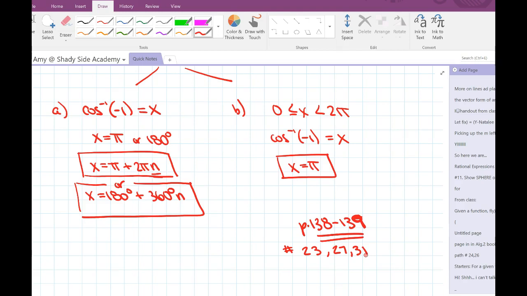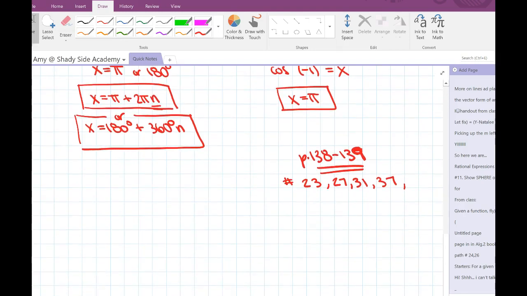And then by similar extension, let's do 37 as well. Okay, and then I think I want you to do 45, okay? 45, 47, 51, 54, and 56.